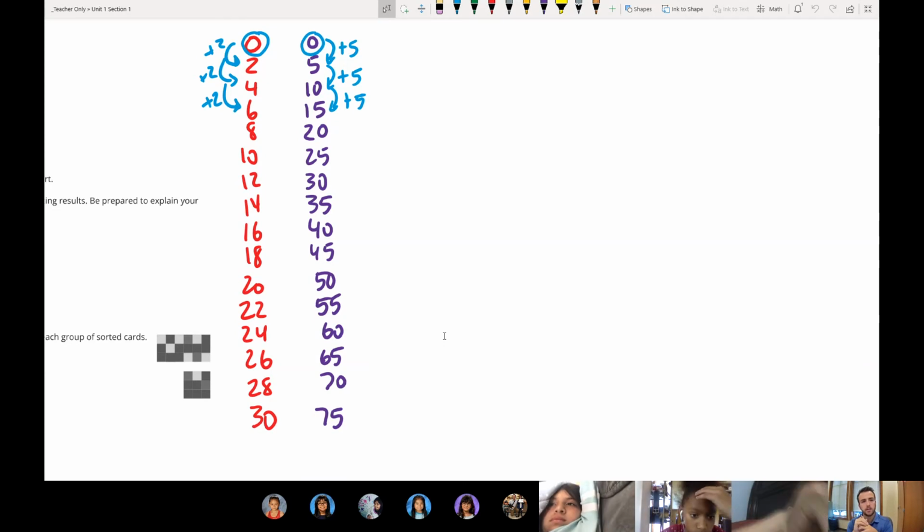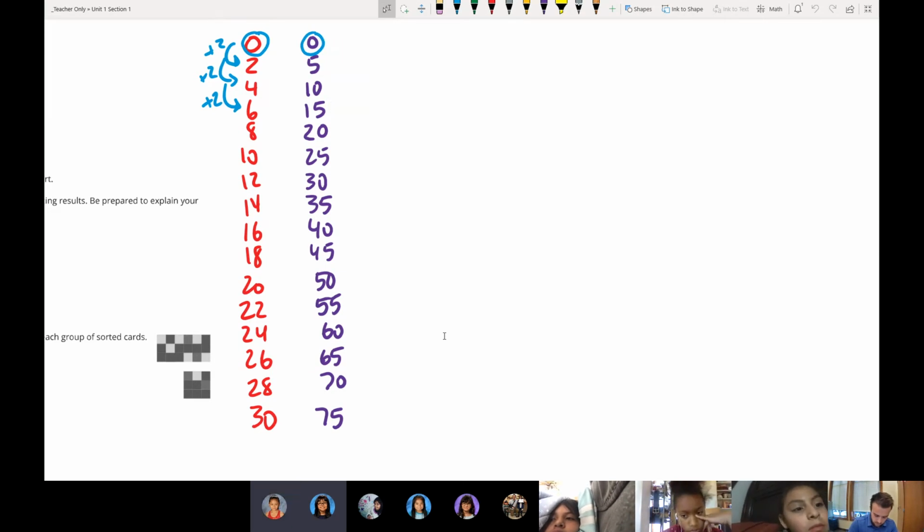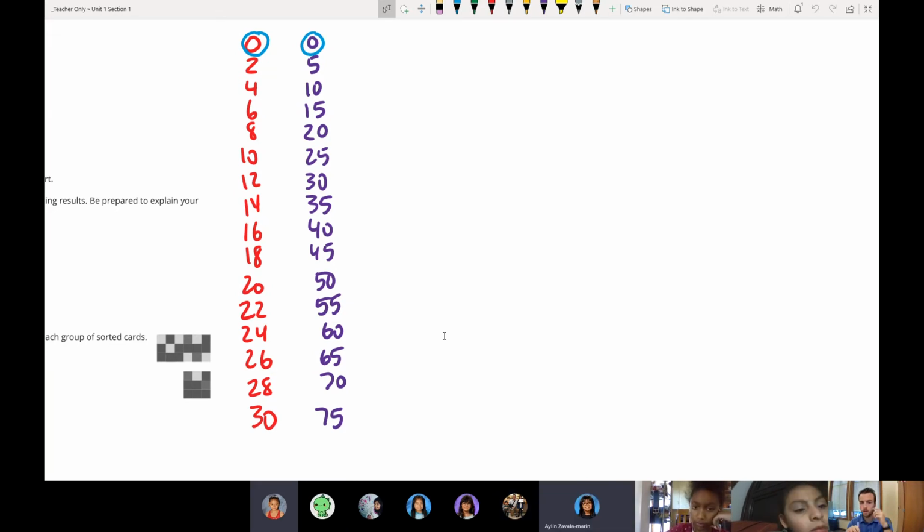Do they share any of the numbers? Camila? Yes, because on the ones, at the last one, it says 30. And on the other one, by counting on 5s, it also says 30.